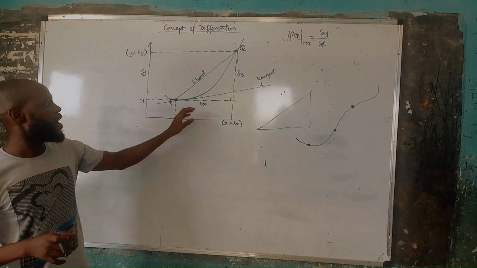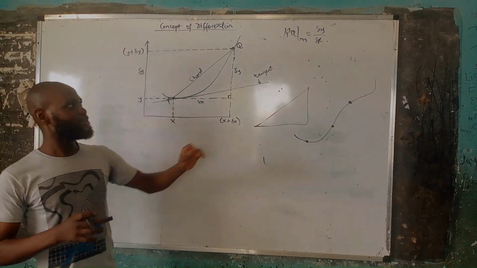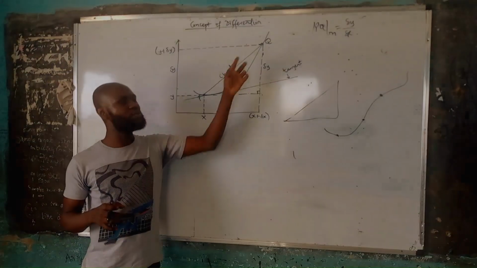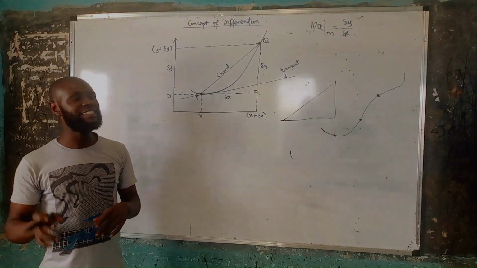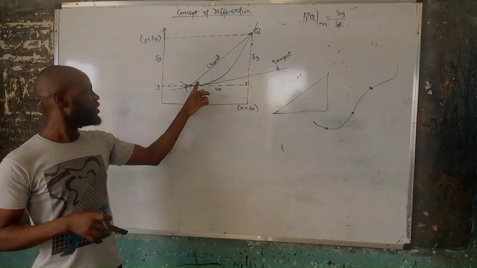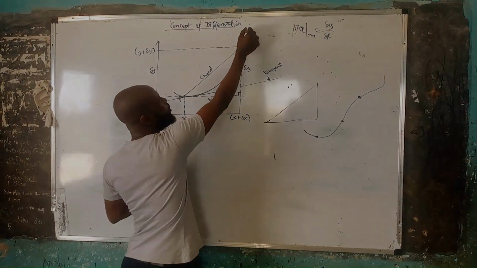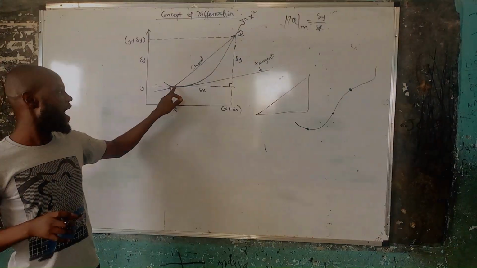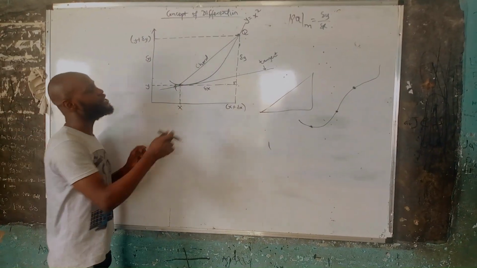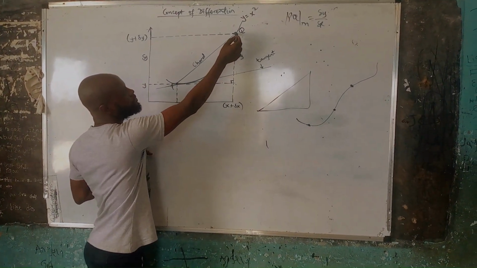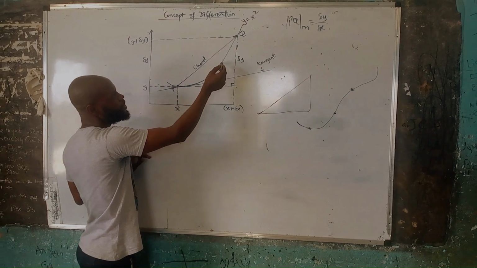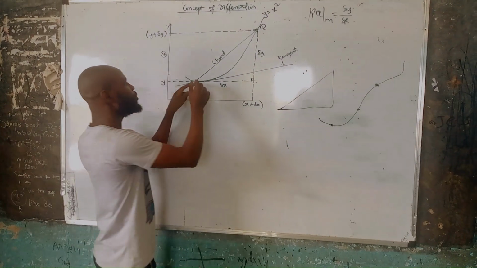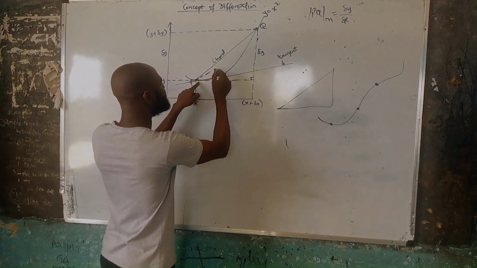So when delta y over delta x is written as a ratio, it represents the gradient of the chord PQ. But we want to determine the gradient of the curve. The curve is the function y equals x squared. If we draw a tangent at this point, we will notice that if we move this point Q closer and closer to P, the gradient will start to decrease in value.